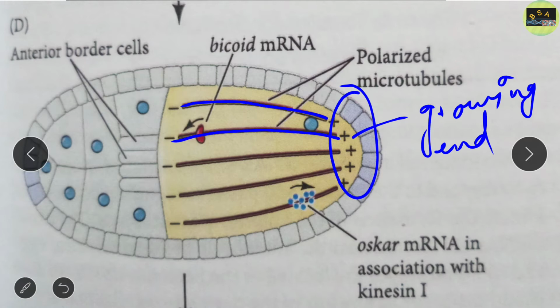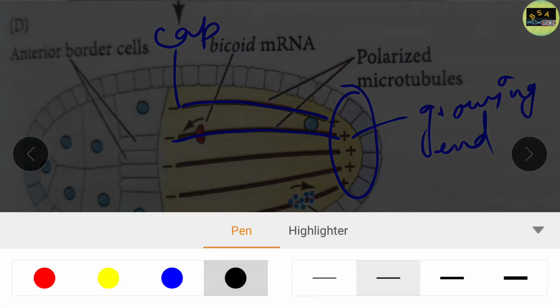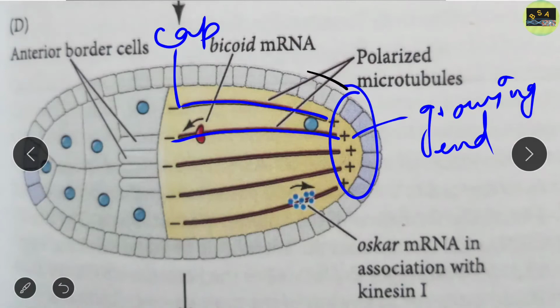So PAR1 protein organizes microtubules with their plus and minus ends. The plus end is known as the growing end, and the minus end is known as the cap end, at the anterior and the posterior end of the oocyte. So this is the whole oocyte.